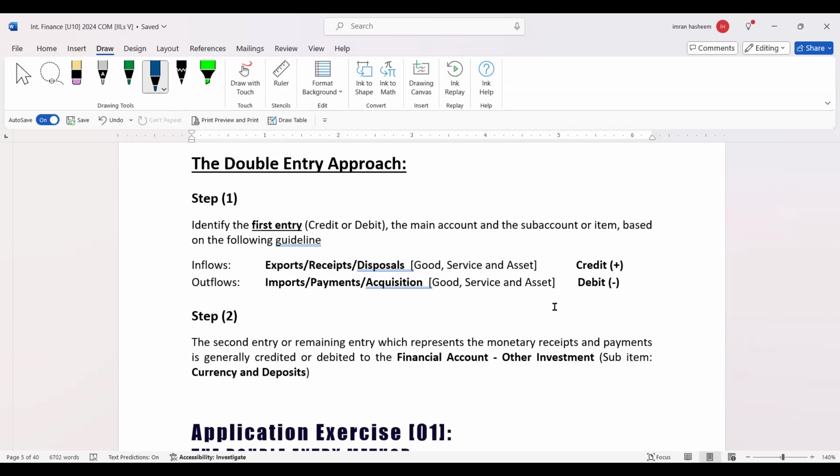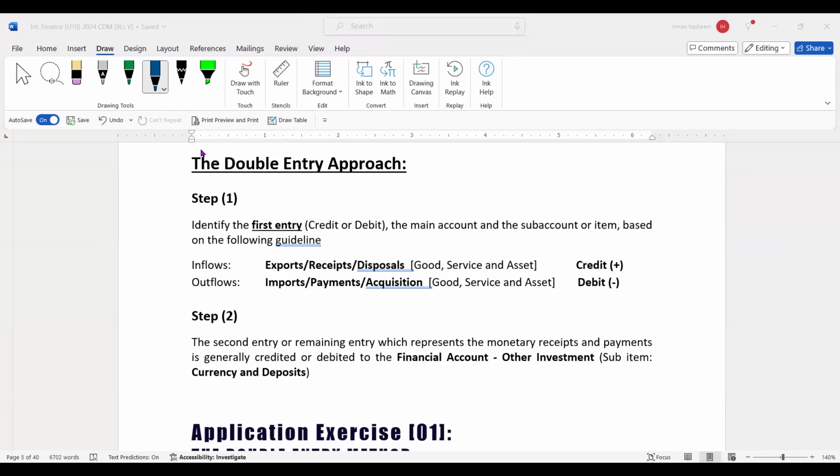Okay, right. Here is the basic idea. We follow 2 steps when we write the double entry. First step is we have to write the first entry. Now in accounting, what is the tradition? What do you write first, the debit entry or the credit entry? Yes, in accounting you write the debit entry first.